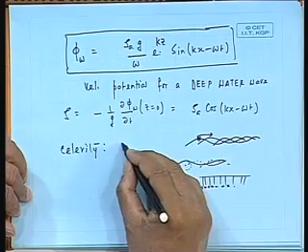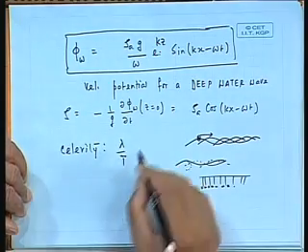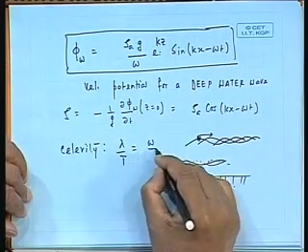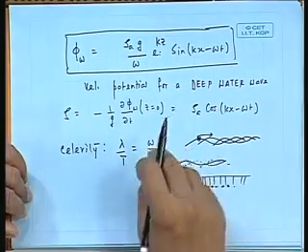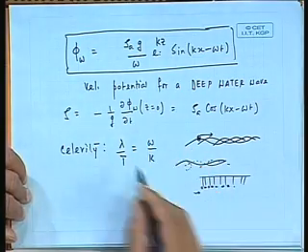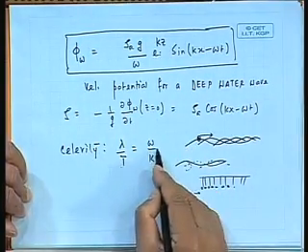But celerity is the speed at which the wave form moves, and this is given by, obviously, lambda by T, and that can also be written as omega by k. Why? Because omega is 2 pi by T and k is 2 pi by lambda. If you check, lambda by T is nothing but omega by k.